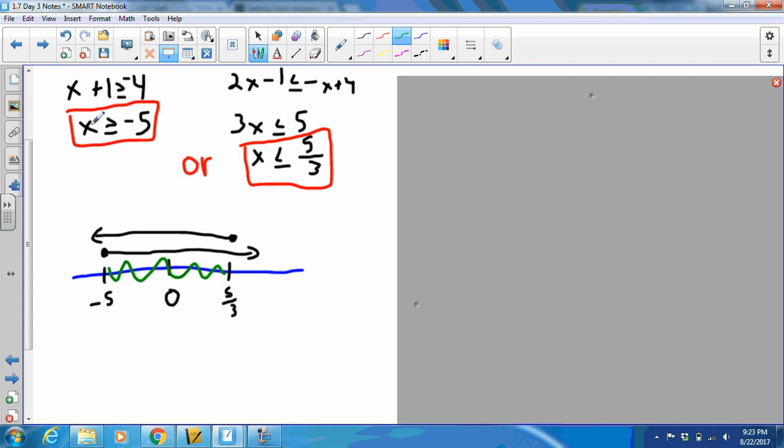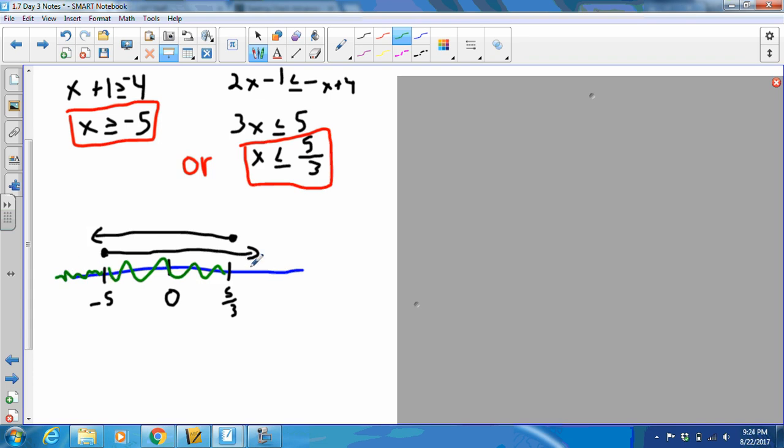If we plug -6 in for x for our first condition, it is definitely not greater than or equal to -5. However, if we plug it into the second condition, -6 is less than or equal to 5/3. So any numbers on the left-hand side of the -5 on our number line are solutions.